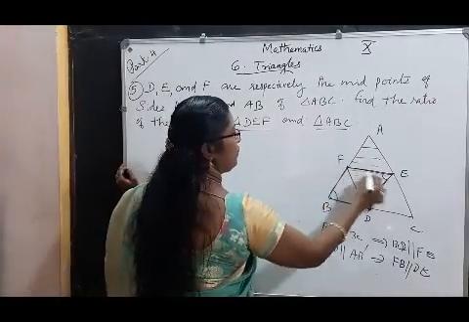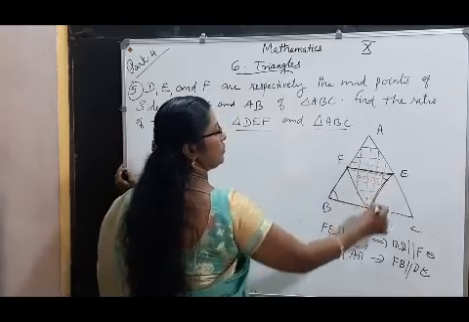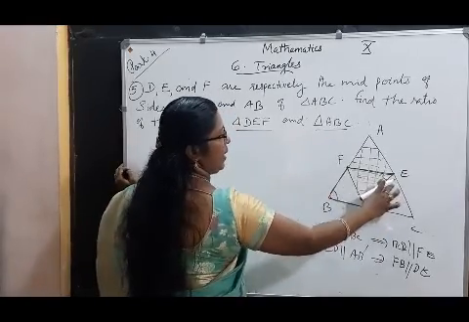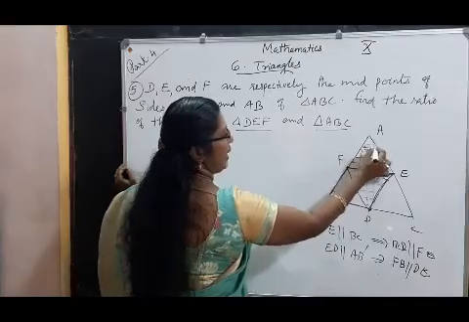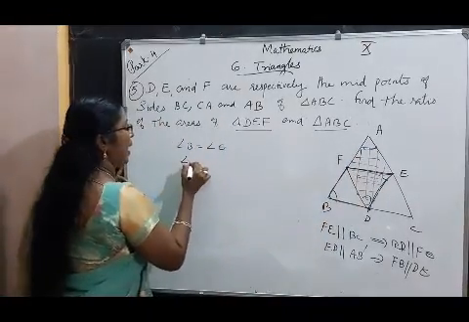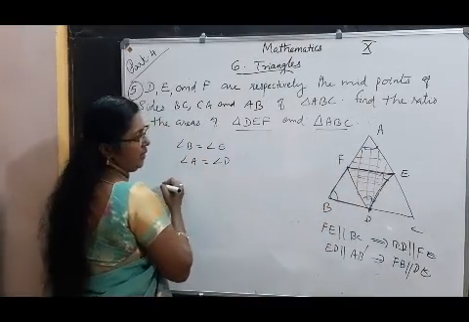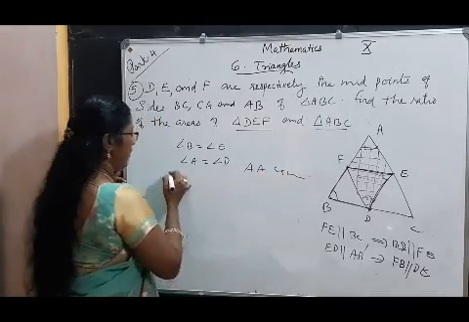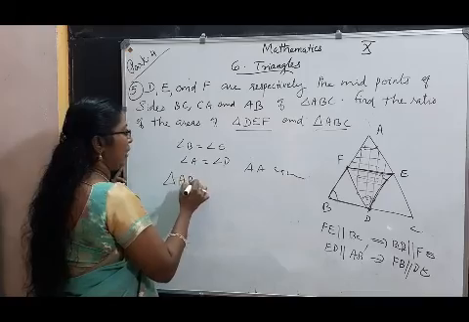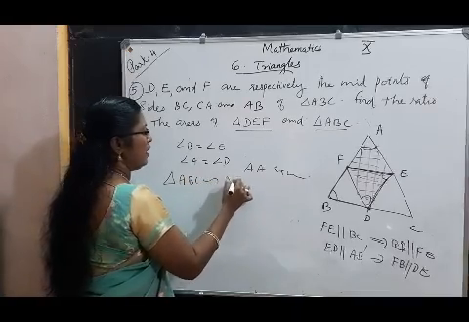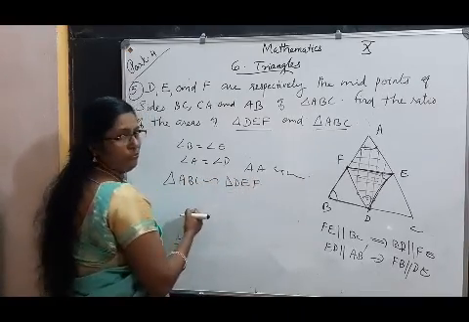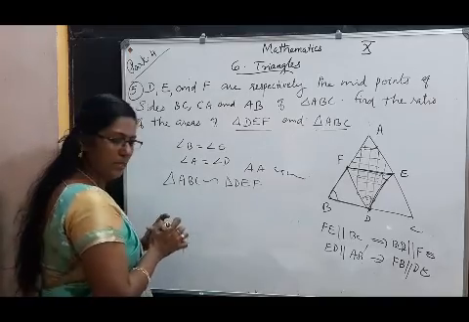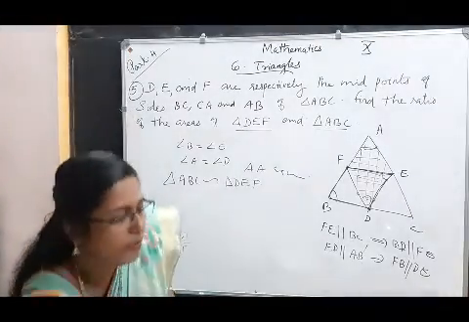Consider this is another parallelogram. These two sides are parallel and these two sides are parallel. Angle A equal angle D. By AA similarity criterion, we can say the triangle ABC similar triangle DEF. Okay, ABC similar triangle DEF.